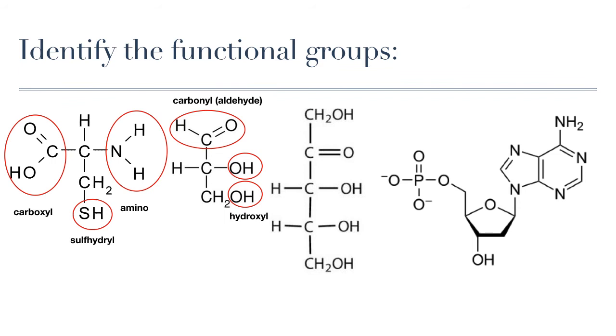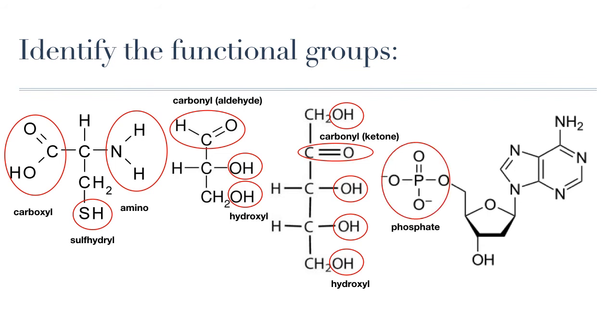This next structure is also a sugar. This one has a carbonyl group called a ketone, as well as a whole bunch of hydroxyl groups. And then last, this is a nucleotide, and the nucleotide will have a phosphate group and a hydroxyl group and an amino group. Okay, so hopefully you did well and you were able to recognize some of these functional groups.